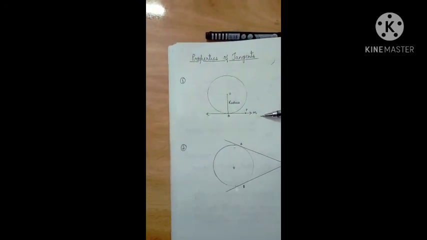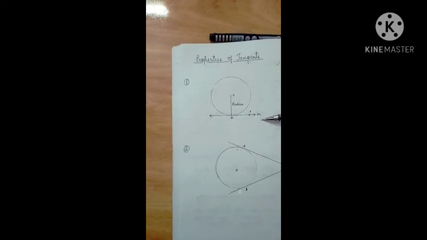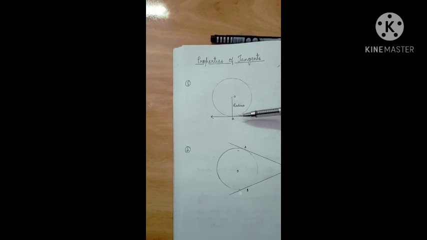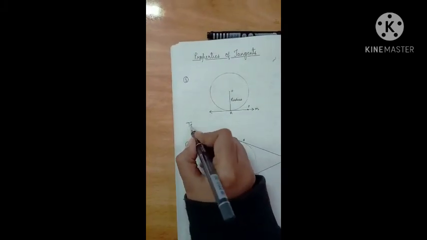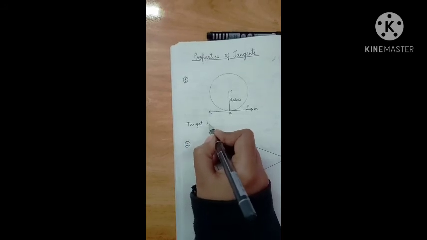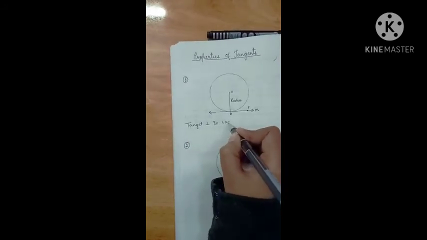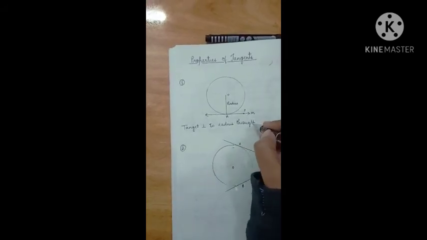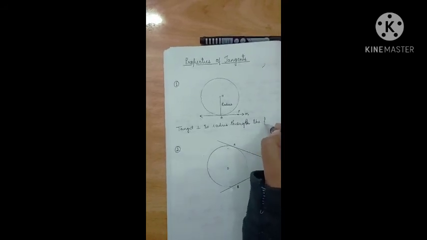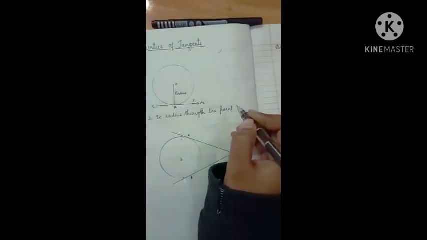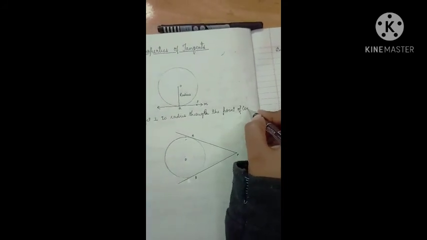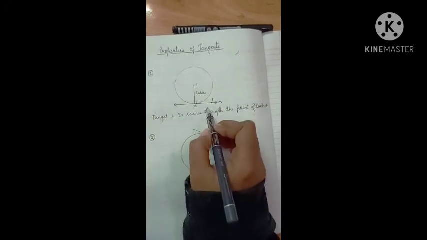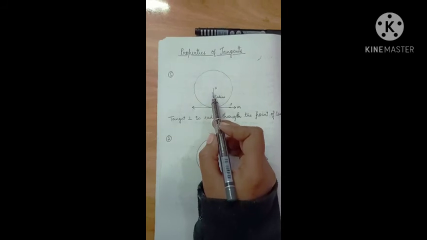The tangent is perpendicular to the radius through the point of contact. It means that it makes 90 degrees here. This is the first property.